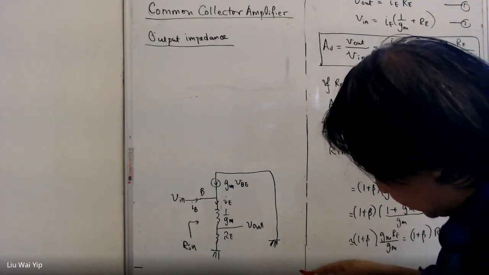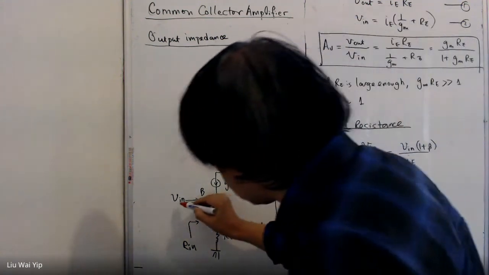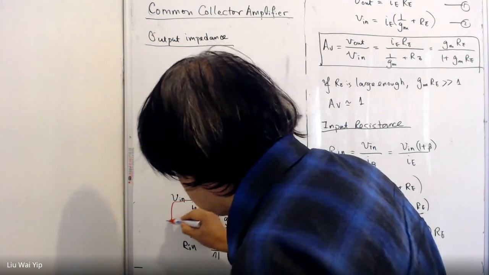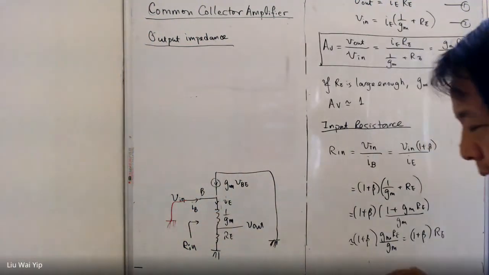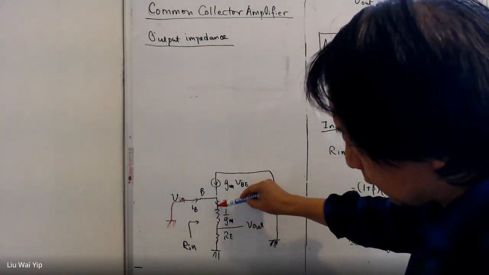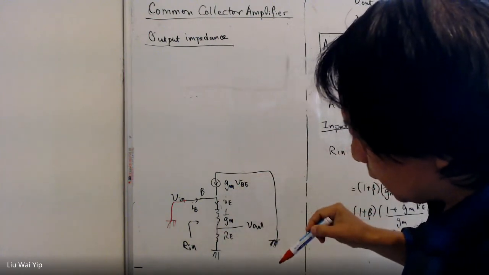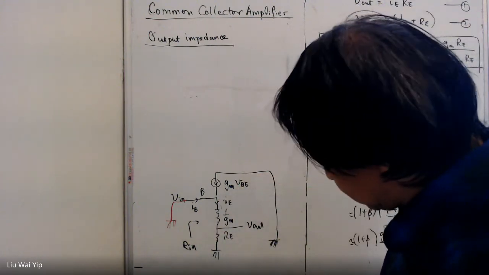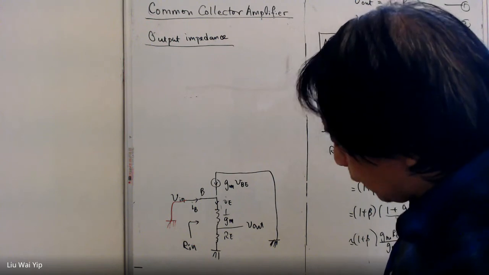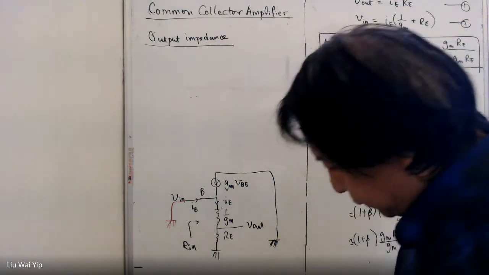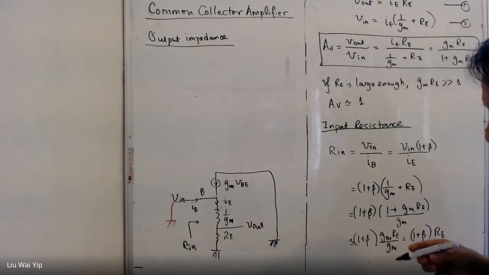The very first thing that you need to do is to short this to ground, and then we find the output resistance. And this is the way we find the output resistance in Thevenin and Norton analysis.